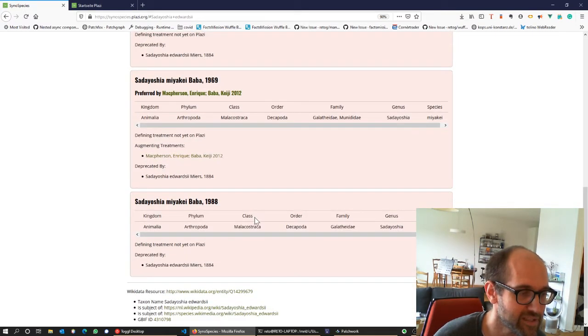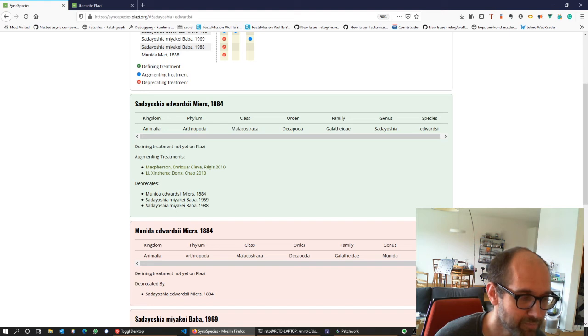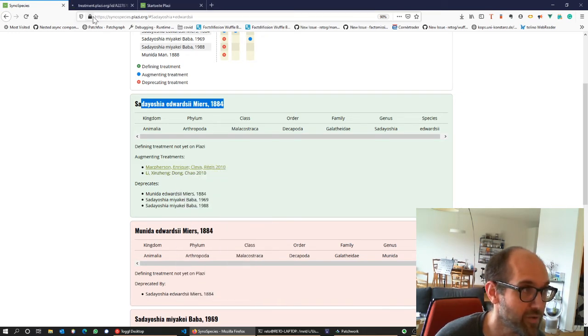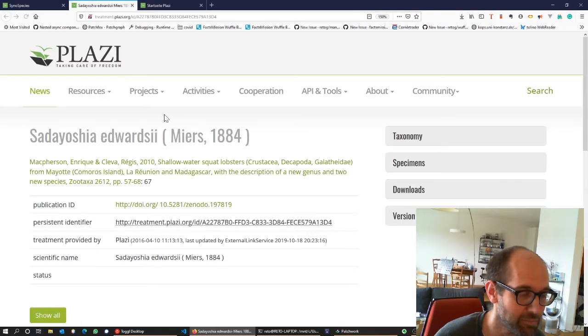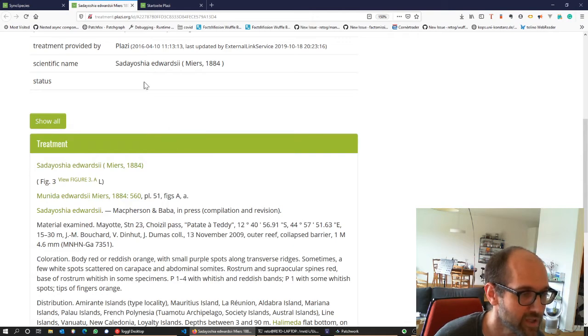And these are the different names that the species was known by. We see that this name, according to some treatments we have here, and if we follow the link, we get to the Plazi page of that treatment, where we get more information.